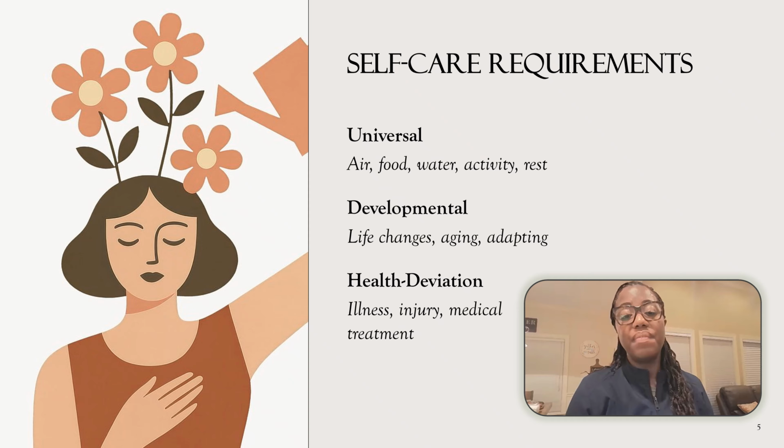Next are developmental requirements, which relate to life changes such as aging or adapting to new roles. Finally, health deviation requirements, which occur during illness, injury, or medical treatment. Understanding these categories helps nurses assess what self-care demands are needed for any patient and tailor interventions accordingly.